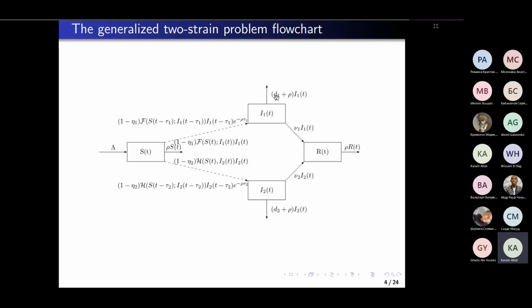Here d1 is the mortality caused by the infection, and d2 is the mortality caused by infection for the second class of infected individuals. Here, μ1 is the rate at which the first strain infected become recovered, and μ2 the rate at which the second strain I2 become recovered.